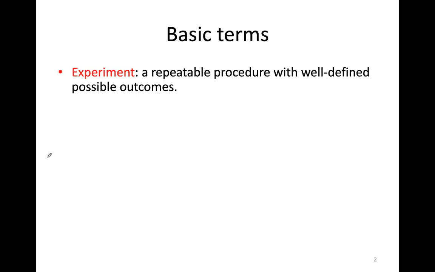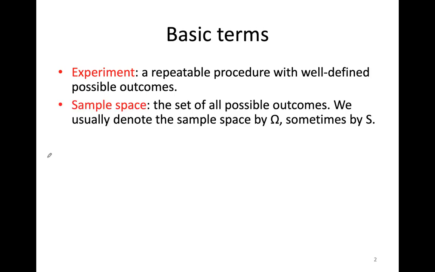These have well-defined possible outcomes. I know if it is going to be heads or tails, or if it is going to be 1, 2, or 3 when I roll a die. The possible outcomes are well-defined, and I can repeat this process. This is called an experiment. The set of all possible outcomes becomes the sample space.